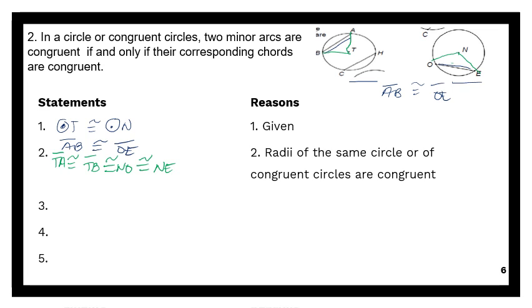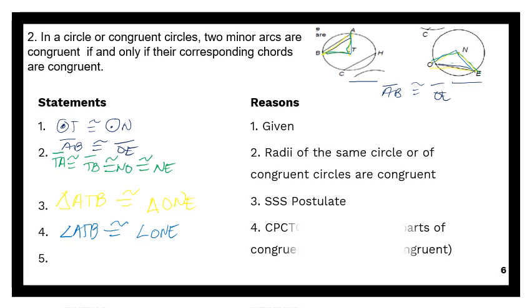Next, triangle ATB is congruent to triangle ONE. The reason: SSS postulate. Then, number 4, we can say that angle ATB is congruent to angle ONE, because they are corresponding parts of congruent triangles.